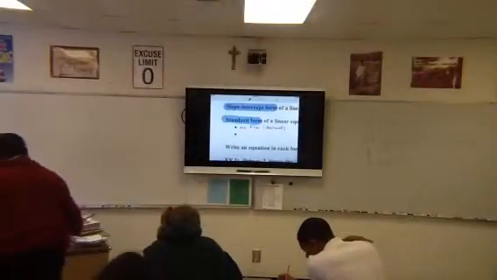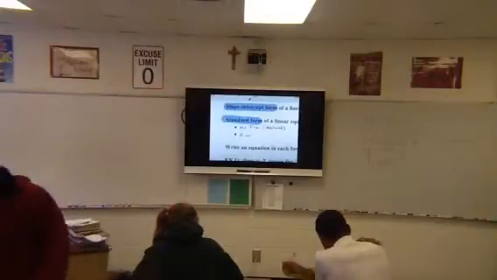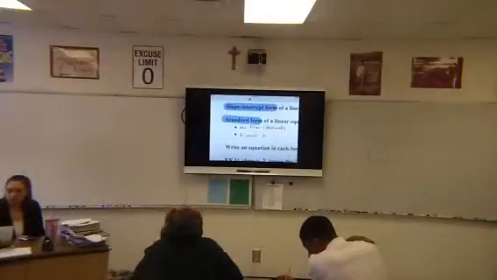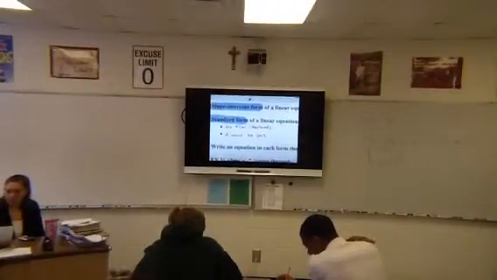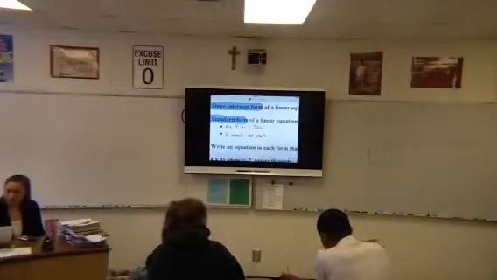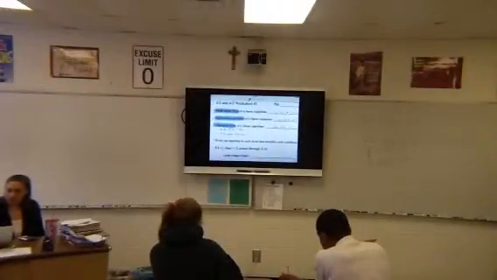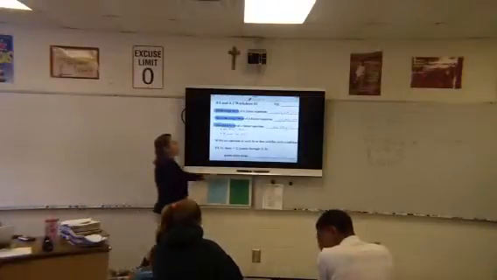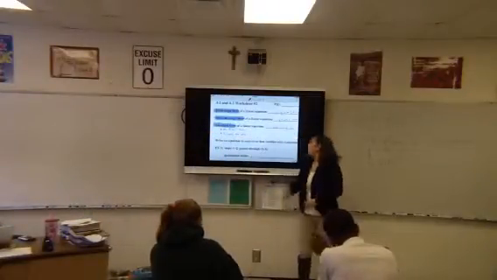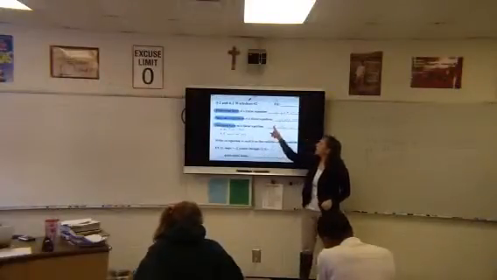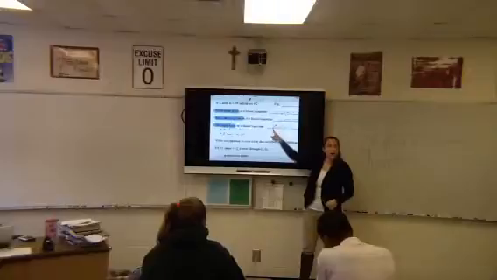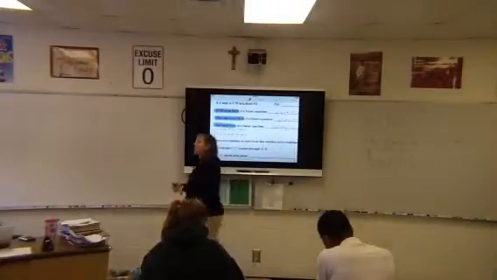The other part is A must be positive. So A, B, and C are numbers. There can be no fractions or decimals involved in those. And that A value, the value in front of the x, has to be a positive number.